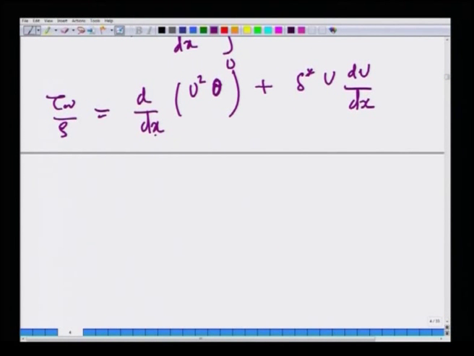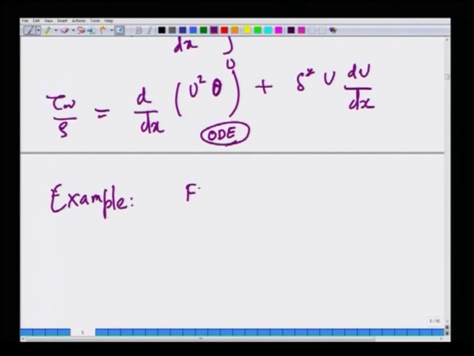So, this is an ODE, or an ordinary differential equation in x, and it has to be solved to find what is the shear stress. Okay. Now, let us look at a special example. Let us look at a particular case which is one of the classic cases in boundary layer theory.